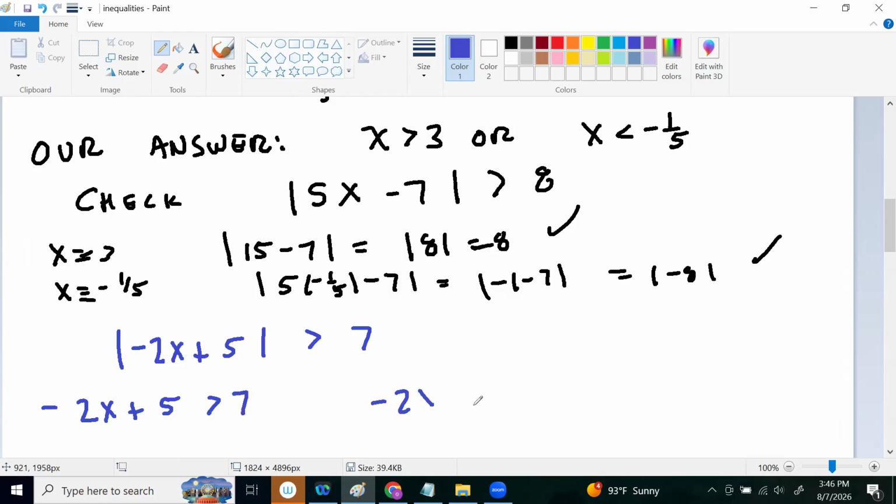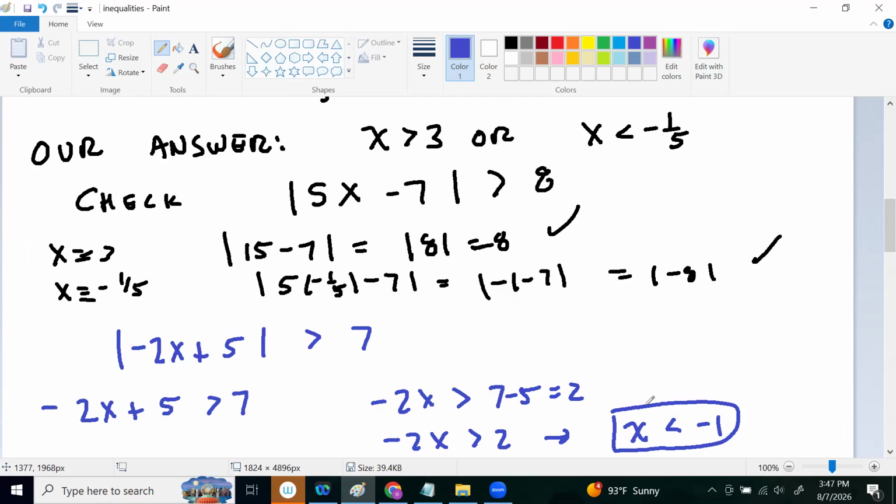Minus 2x is greater than, subtract 5 from both sides. So minus 2x is greater than 2. But then when we divide by negative 2, we have to reverse the inequality. So we get this right here. X is less than negative 1. In fact, that works.